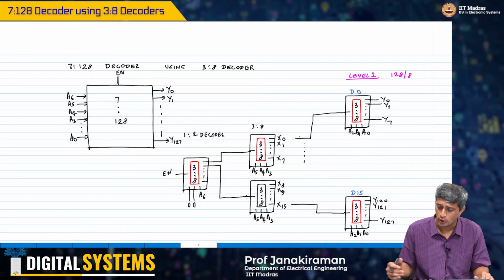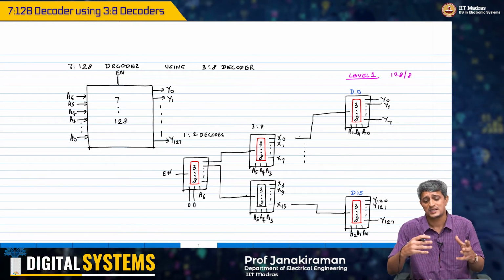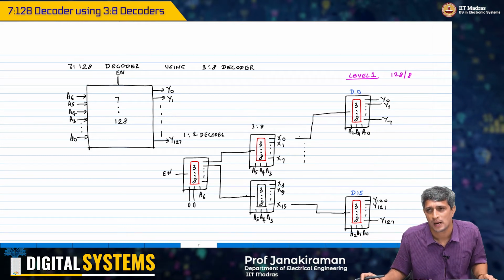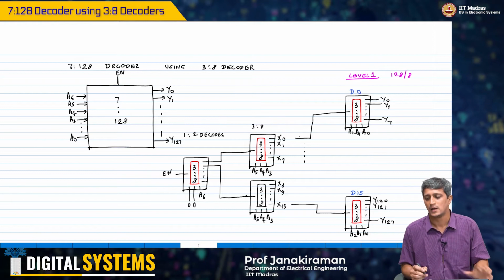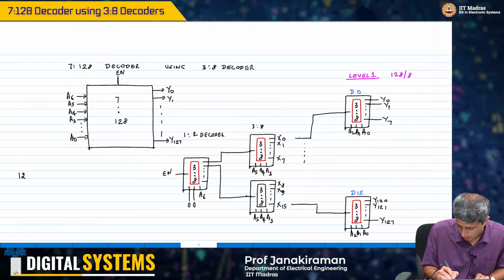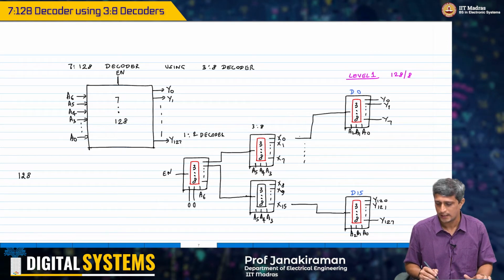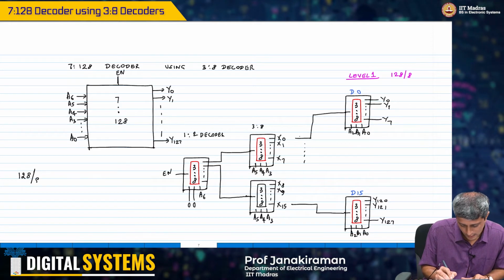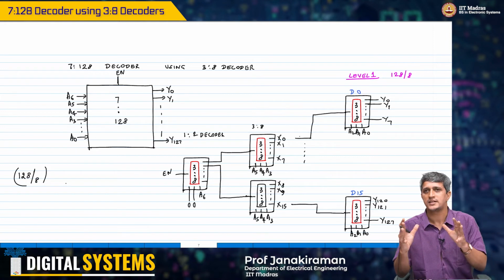So with that, what you see is we have now been able to build the 7:128 decoder as well using these 3:8 decoders. Again, how many did we need? Okay, so you start from the outermost level. Okay, we needed 128 outputs, and therefore we needed 128 by 8. So there are multiple things that we need to do here.